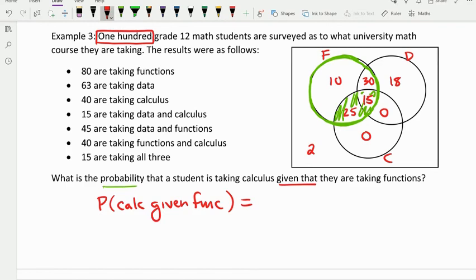There's 25 plus 15 for a total of 40 of them that are taking calculus that are also taking functions, divided by how many people in total are taking functions. Well, if I just add up the people in that green circle because I don't care about anyone else, that's 80 people. This reduces down to 1/2.